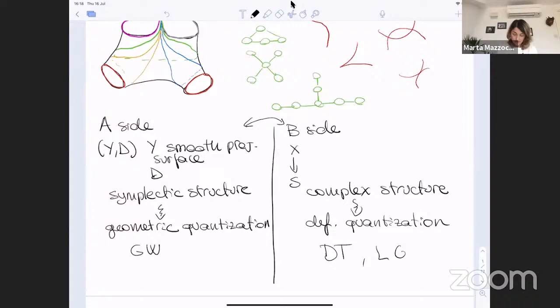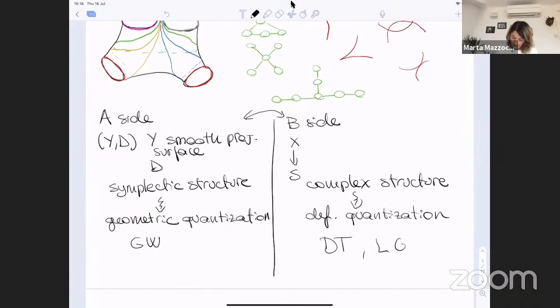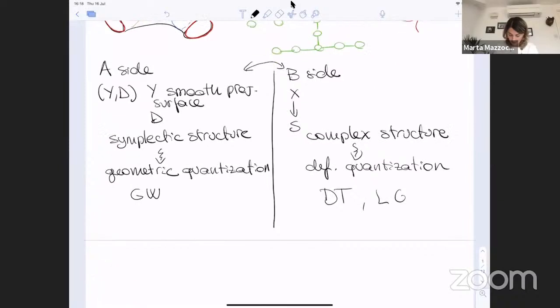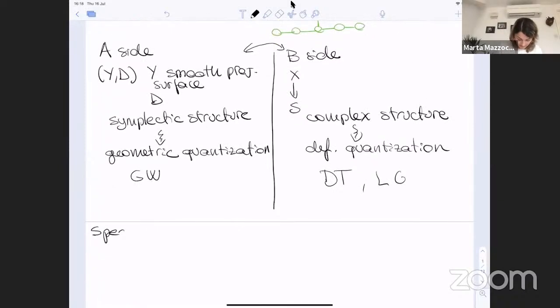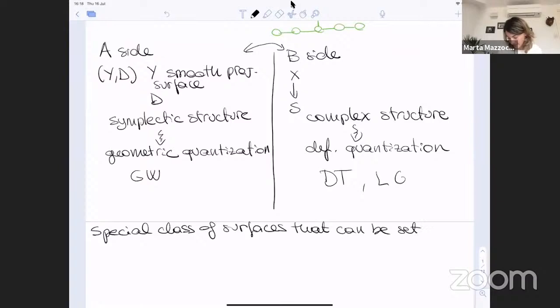So what I want to do today is to discuss a special set of surfaces which can be sitting on both sides, okay?